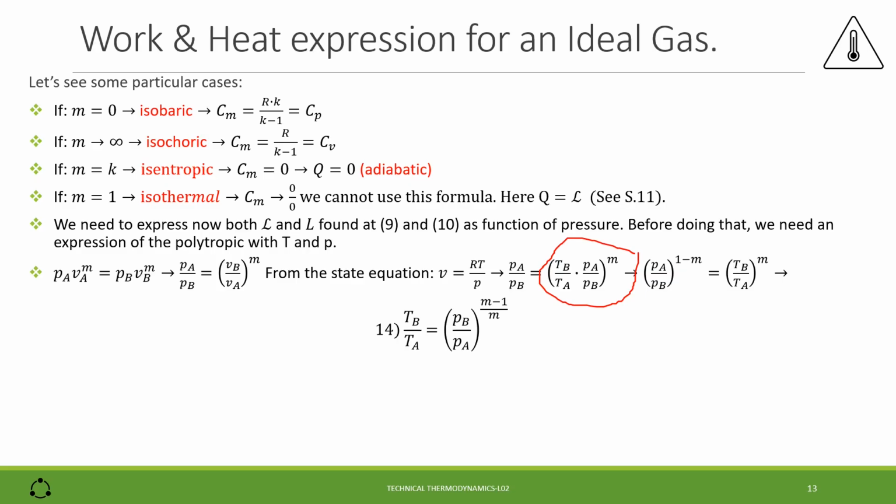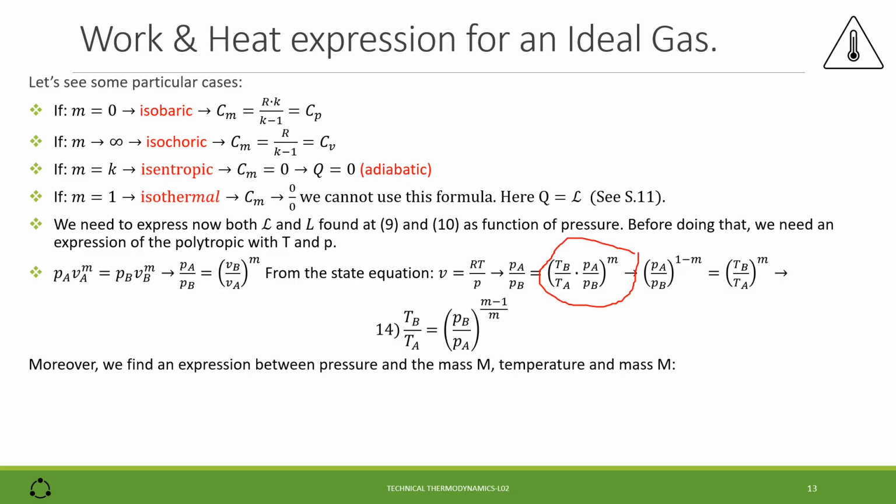Moreover, we find an expression between the pressure and the mass capital M, and also between the temperature and the mass. From the definition of the polytropic transformation, which can be expressed in place of volume using the density, remembering that the density is the inverse of the specific volume.